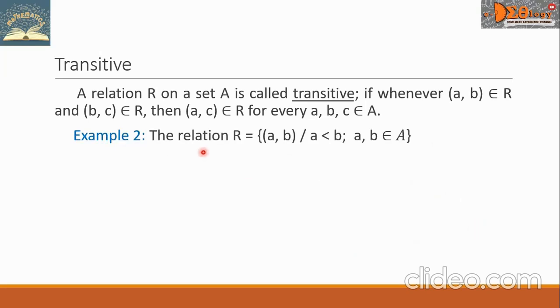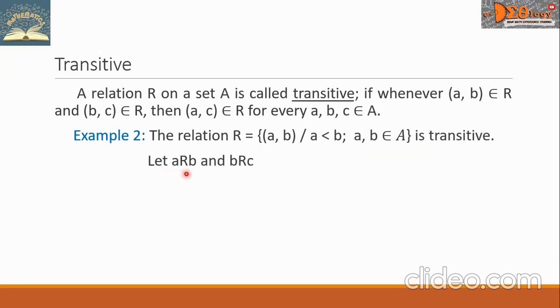Example 2. The relation R equals the ordered pairs (A, B) such that A is less than B, where A and B are elements of set A, and we say that this relation is transitive.